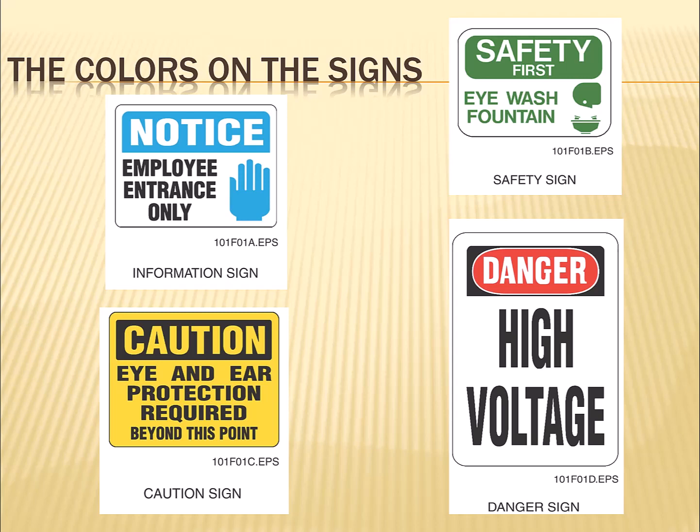Then there's something that's not on the page here for orange, for warning signs, which are things that are dangerous to life and health, but the probability is much lower. So that's where we get the orange traffic bins and signs that are in orange directing traffic and other things like that. So warning signs are in orange.